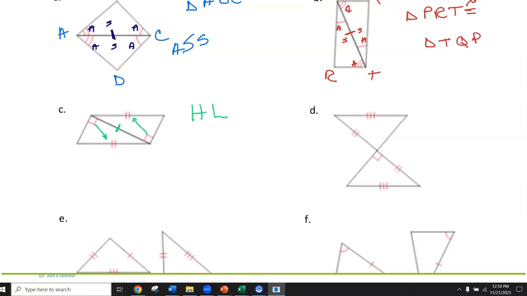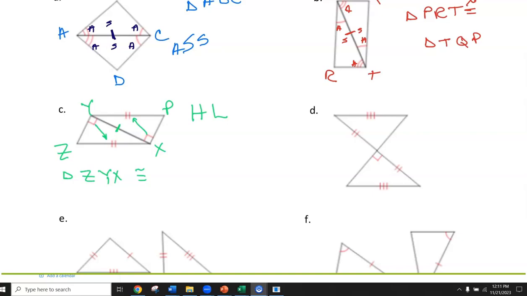So let's label Z, Y, P, X. Okay, so I'm going to name my triangle. My first one I'm going to name Z, Y, X. And as I think about it, I went from unmarked to right angle to single.